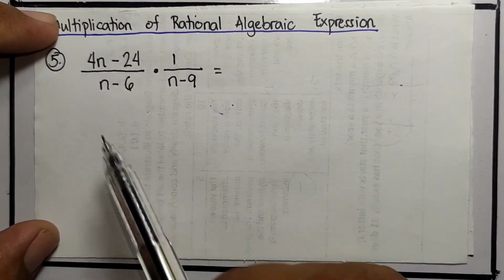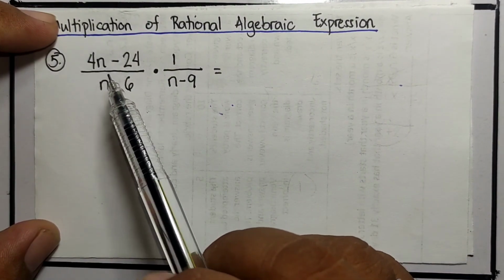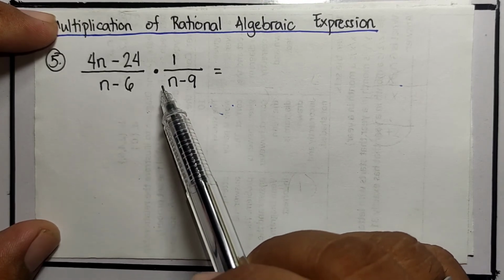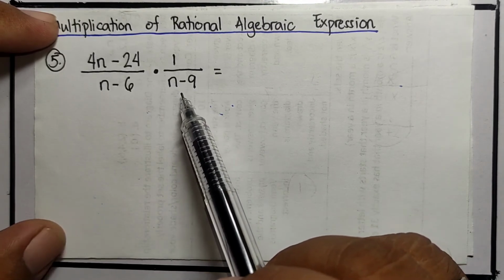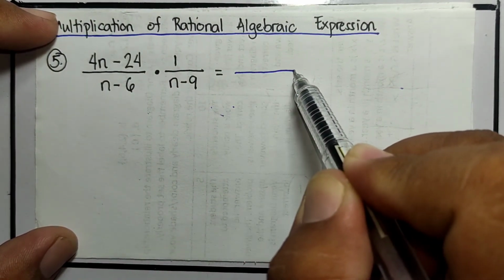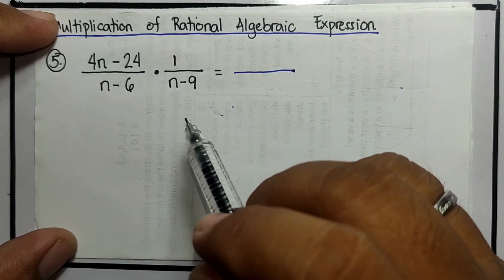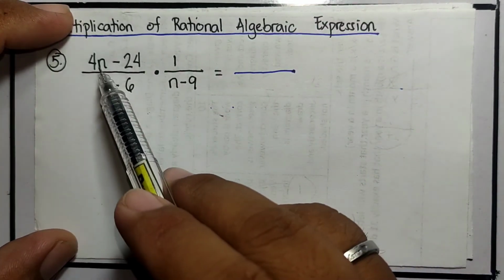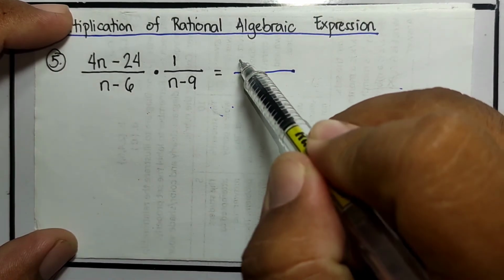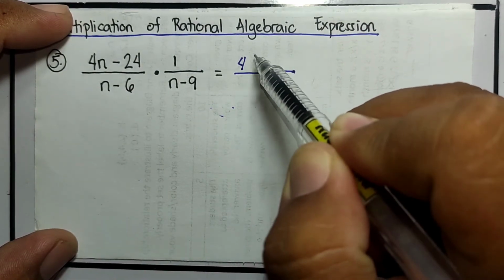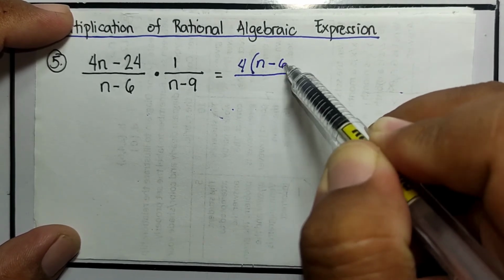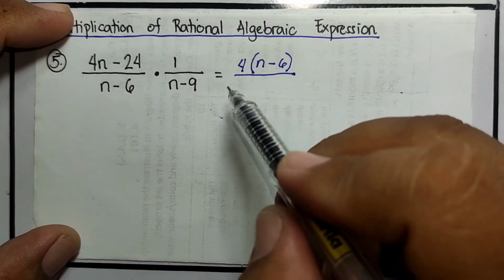Another example, we have here 4n minus 24 all over n minus 6 times 1 over n minus 9. Unang gagawin natin, i-factored out natin para alam natin kung meron ba tayong i-cancel. Tulad dito, 4n minus 24, their common is 4. Then, n minus 6, that is their common factor.